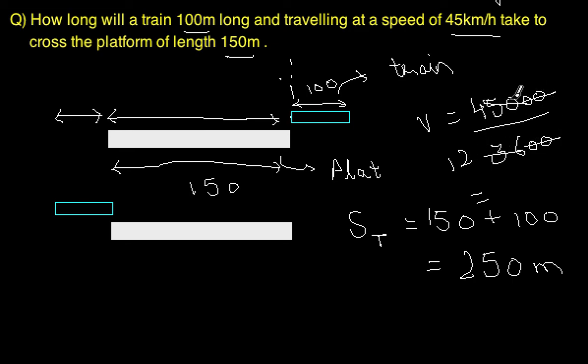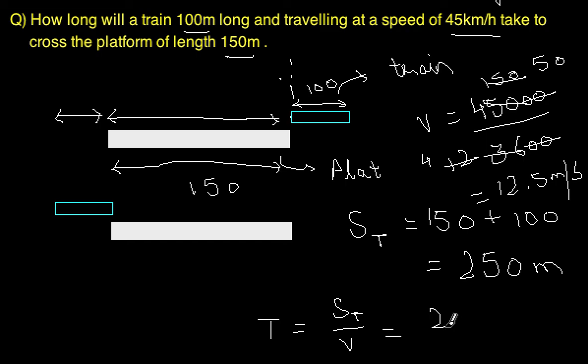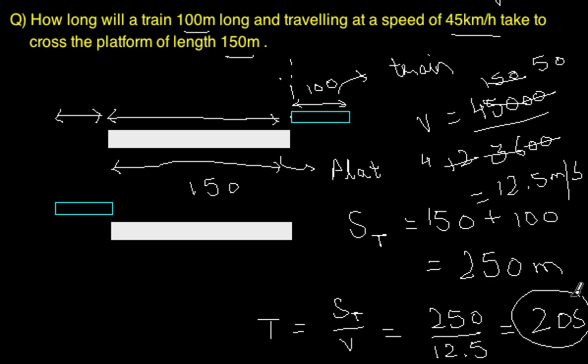This is 12, this is 150, so this again goes by 3 by 50. So this is 4. We get 12.5 meters per second. Therefore, the time taken would be distance upon speed, which is 250 upon 12.5, which is 20 seconds. 20 seconds is the required answer.